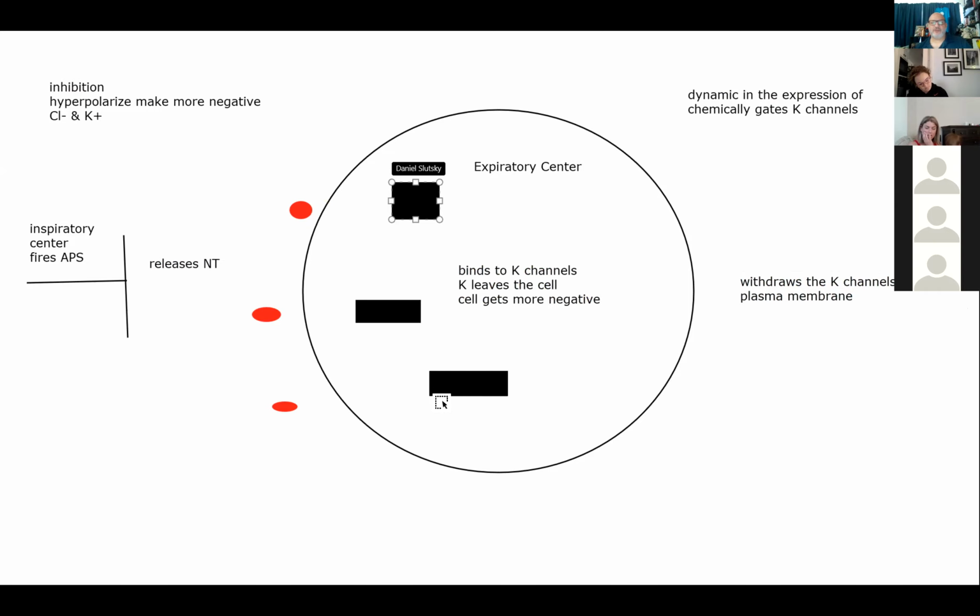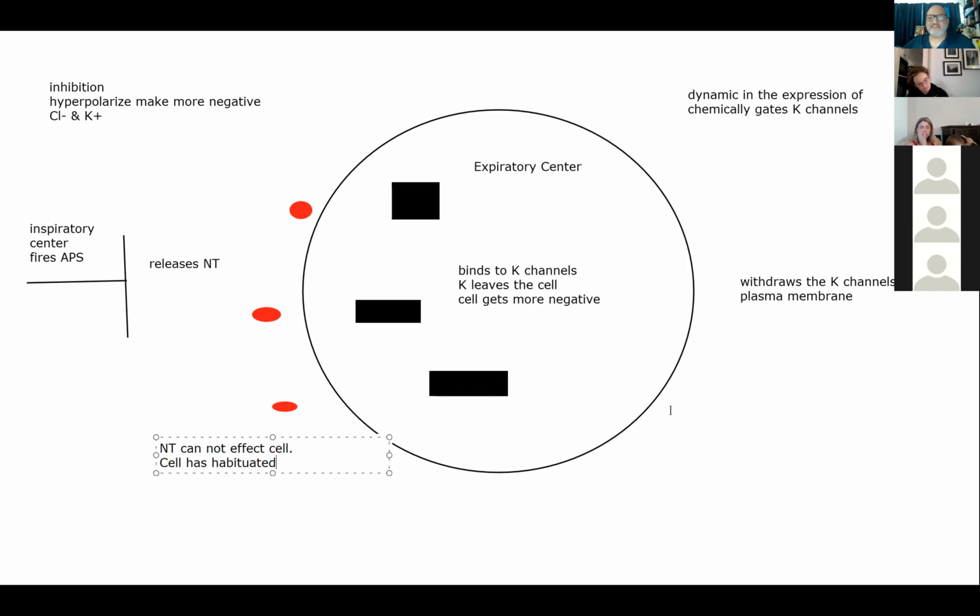Now notice when I do that, my inspiratory center is still releasing neurotransmitter, but can that neurotransmitter affect this cell anymore? No. So now the neurotransmitter cannot affect the cell. So the cell has habituated. That neurotransmitter is no longer going to have an effect on it.